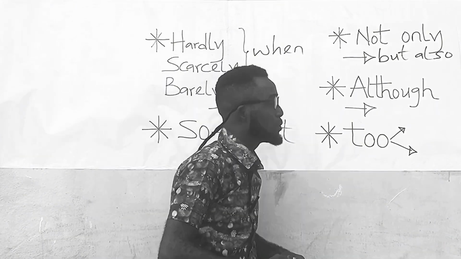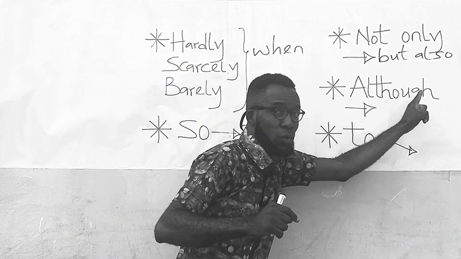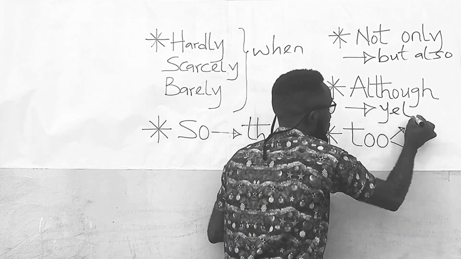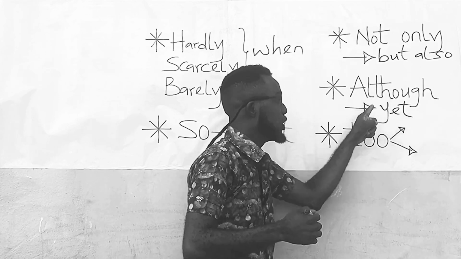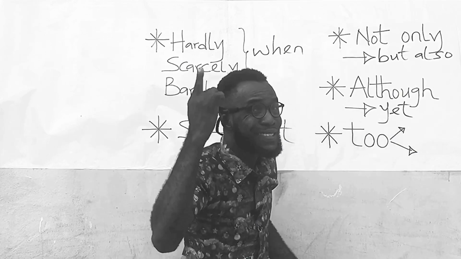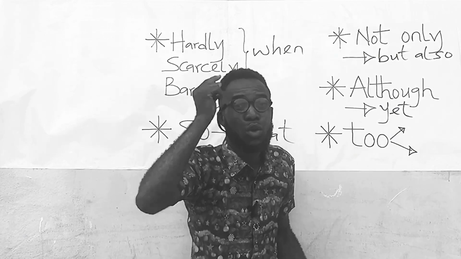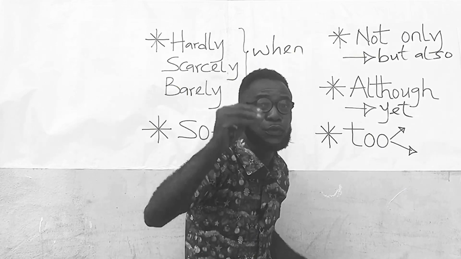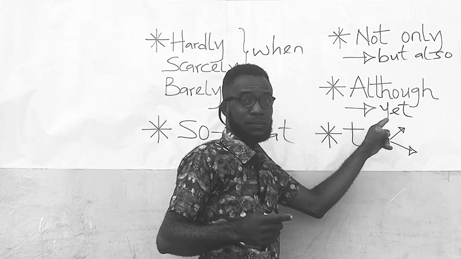Let us move on. The word although collocates with the word yet. Although yet. This means that if an English question contains the word although, then the gap in the question should be filled with the word yet.